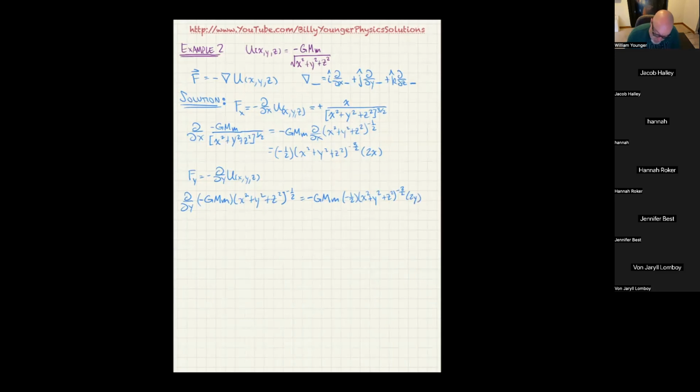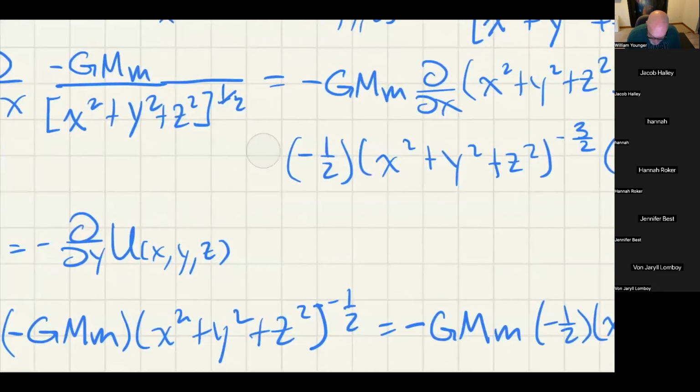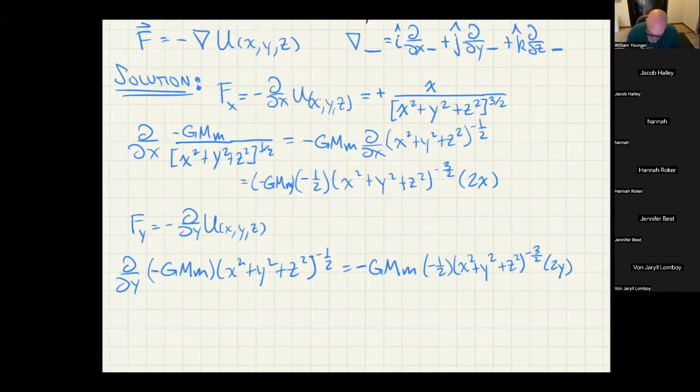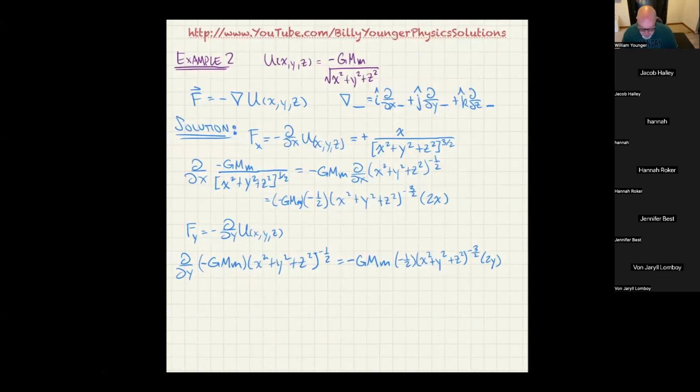Okay. Now let me fix this other line before I move on, because it's just a little bit of grouping stuff together. So what I'm going to do here is I'm going to expand this, and then I'm just going to take and put it equals right here and a negative GM right there. Okay, so now I've got that.